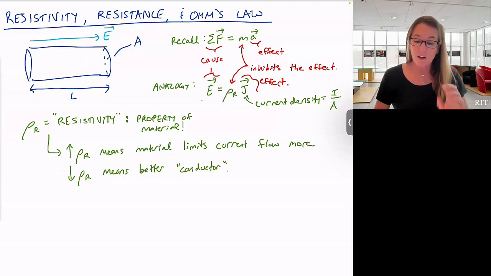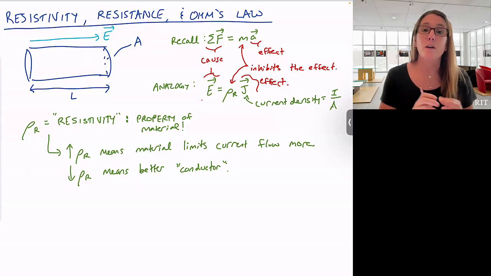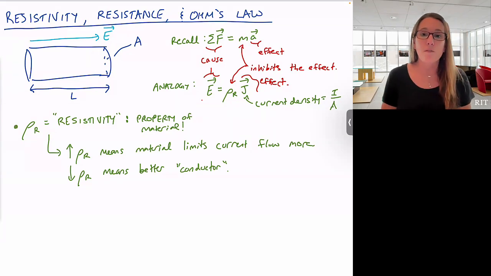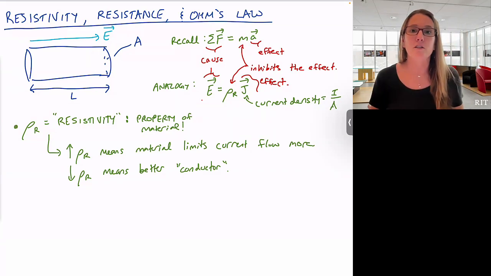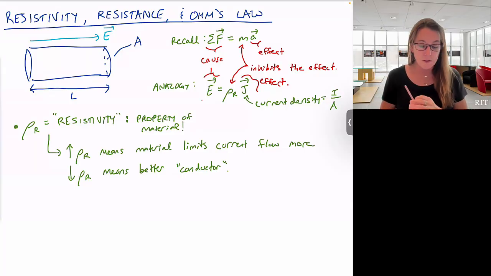The unit of resistivity is one that we'll come to in a second once I relate it to the idea of resistance. So this is going to be our resistivity. We have another cause and effect equation, which is more famous, which is Ohm's law, and it really can come from this idea of resistivity.